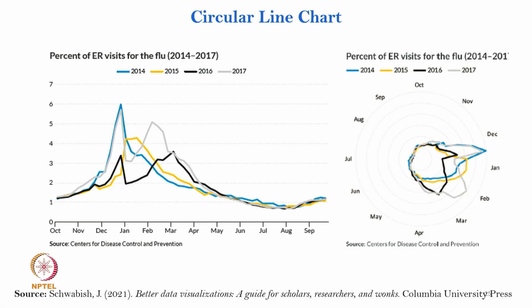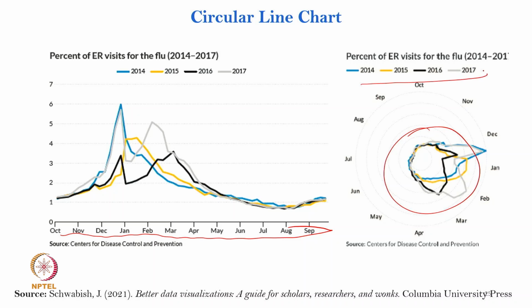Here you can also see an example of the percentage of year visits. You have the months, and you have a center, and these are the percentages. Another example is the percentage of visits for the flu during 2014 to 2017.